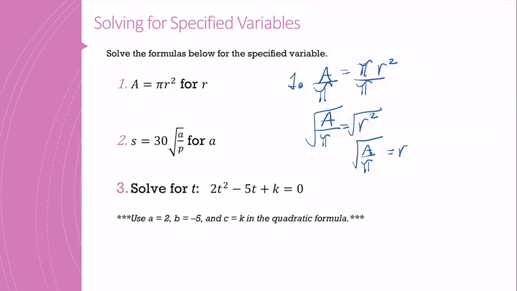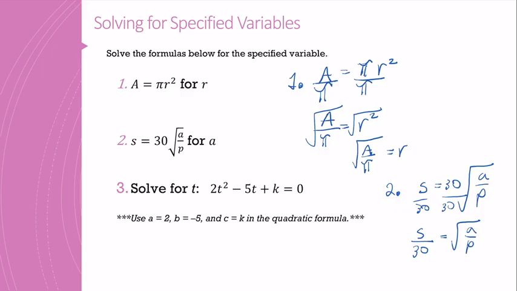For problem 2, I'm going to have s equals 30 square root of a over p. So I need to solve this for a. The first thing I'm going to have to do is divide both sides by 30. I need to get that 30 out of the way. So I have s over 30 equals the square root of a over p, and in order to get rid of the square root, I need to square both sides.